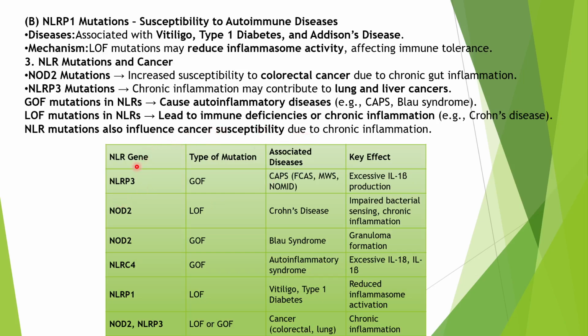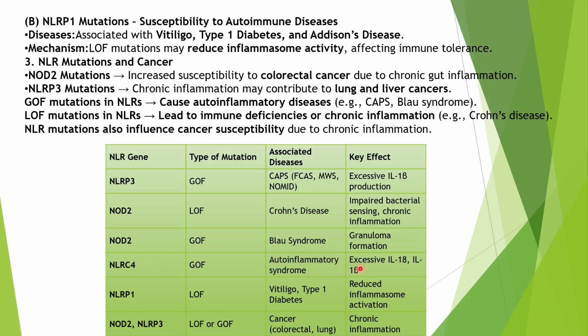So this is like a gist table. So for NLRP3 gain of function, these are the diseases associated with it, and the eventual effect is IL-1 beta being produced excessively. Then NOD2 loss of function is Crohn's, NOD2 gain of function is Blau. So in Crohn's, it is IBD, so impaired bacterial sensing, chronic inflammation of the gut, and Blau, NOD2 gain of function, is granuloma.